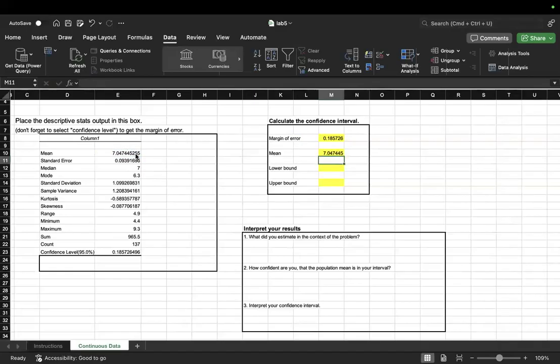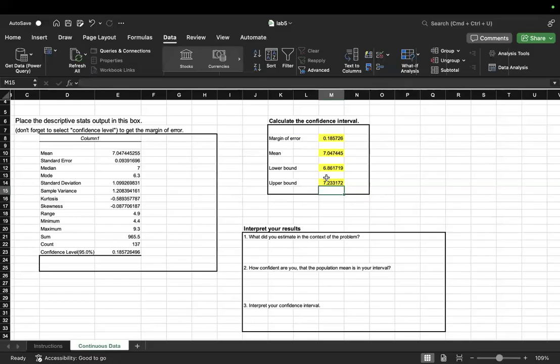To get the lower bound, you do the mean minus the margin of error. So we're just going to math with it. I'm going to do equals the mean minus the margin of error. That gives me my lower bound. Upper bound is the mean plus the margin of error. So equals the mean plus margin of error. So now I have my two bounds right there.